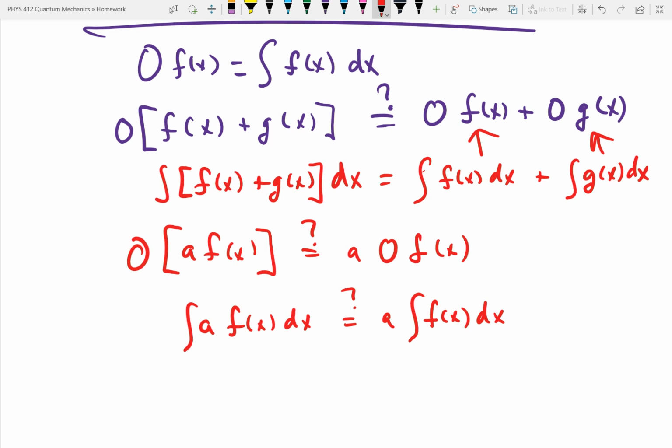You can move the constant in and out of the integral. And so this passes. Now that wasn't a very tricky one, but it was one. And of course, the key is just being able to check them and make sure. Why is that a key? Well, just because it's a rule. Our operators have to have that form.